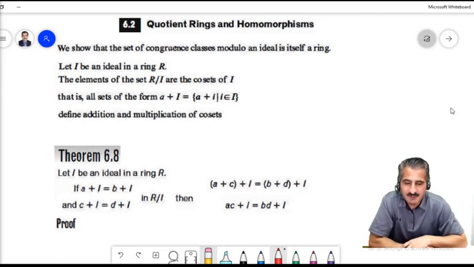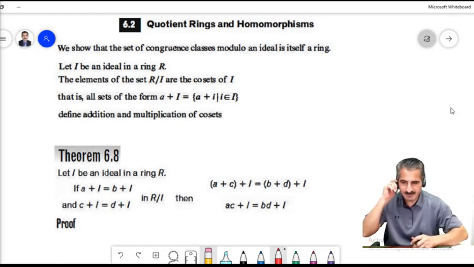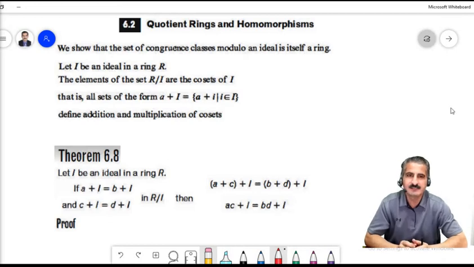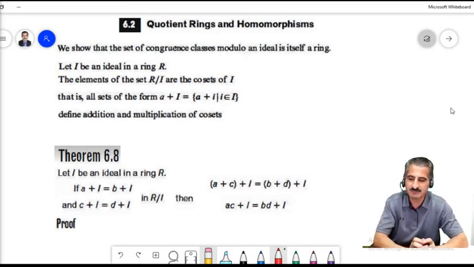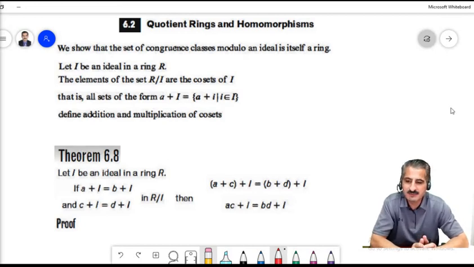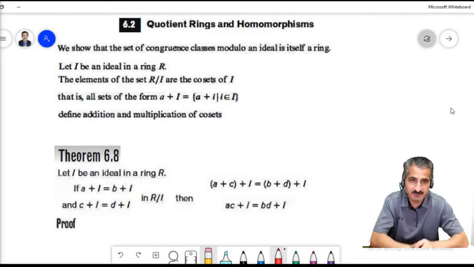Quotient rings and homomorphisms. In this lecture we will be essentially repeating the same theorems, results and definitions that we learned when we talked about quotient groups and homomorphisms.